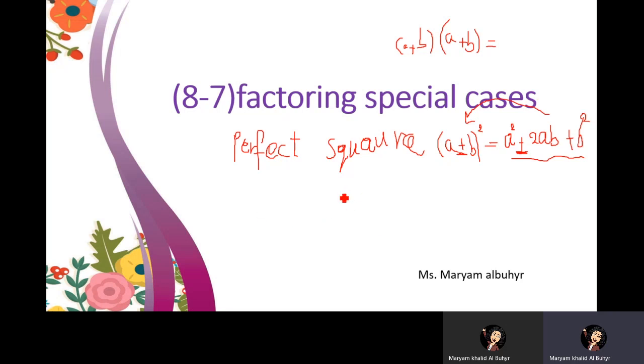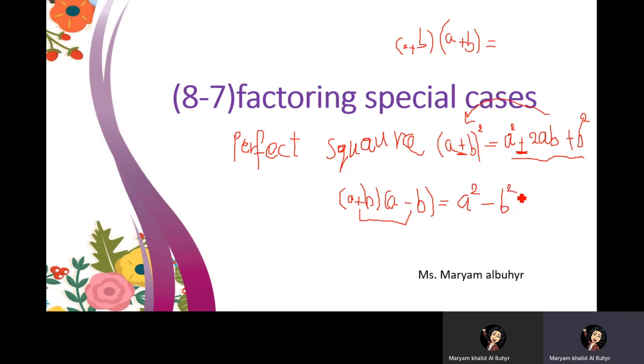So difference of two squares, which is this rule. Before, I gave you (a plus b) and (a minus b). You have exactly the same two terms, with the only difference in the sign. So here you can say it is a to the power 2, the first term squared, minus always the last term squared.